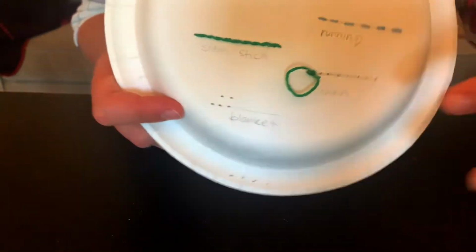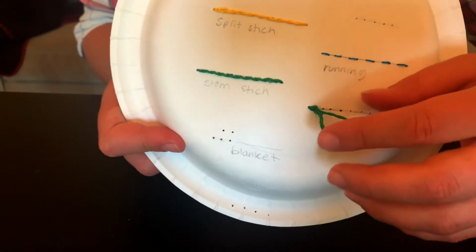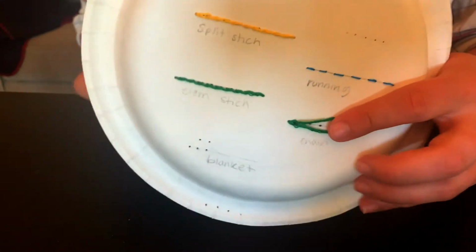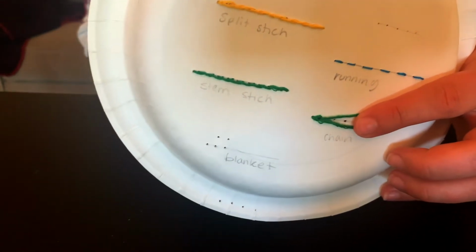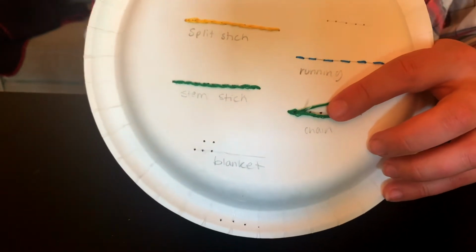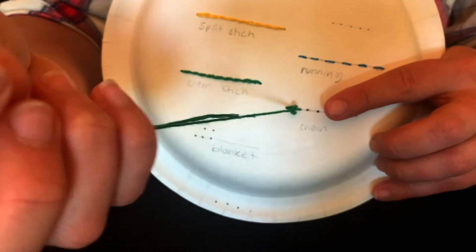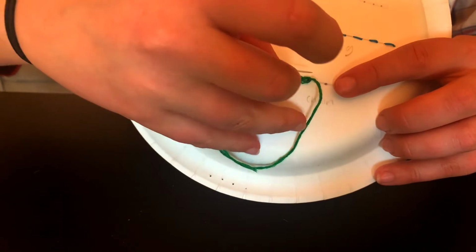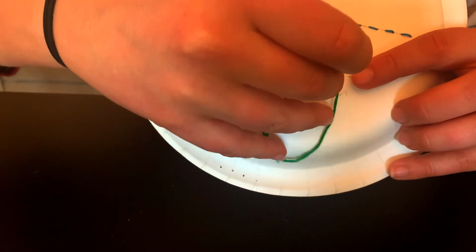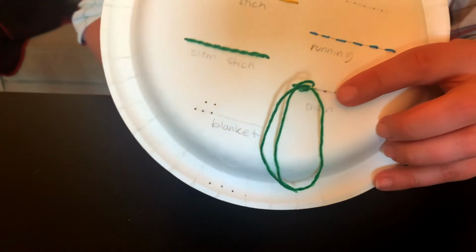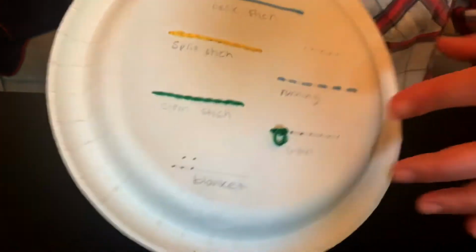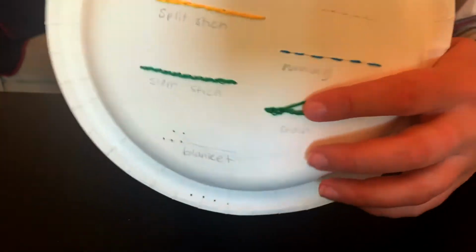And what this is going to do, it's called a chain stitch because it kind of looks like a chain of little loops. So through, you're gonna pull, and make sure you're going back inside the hole, like this, pull it over.